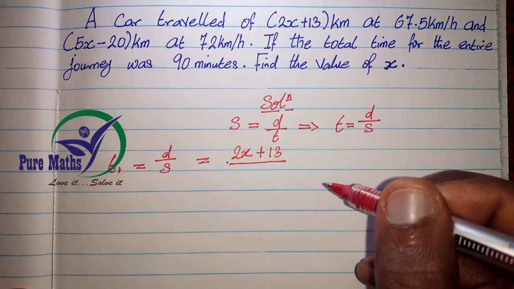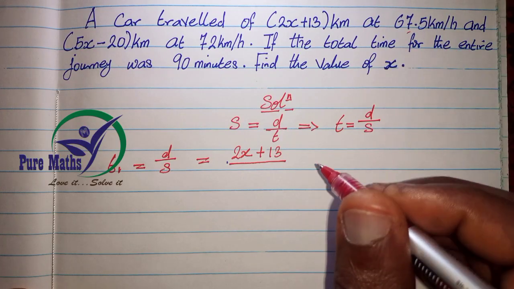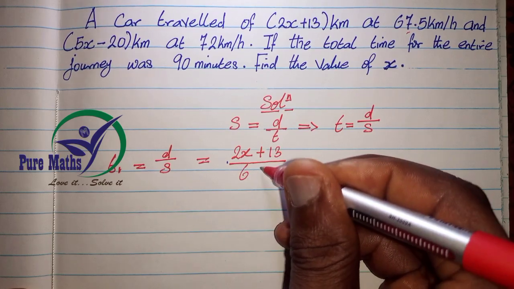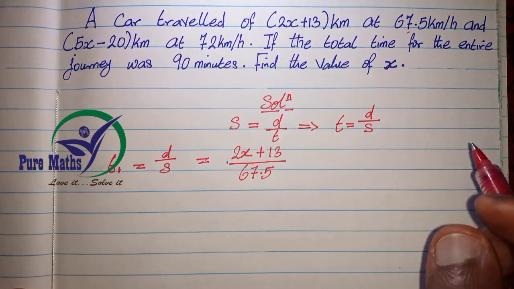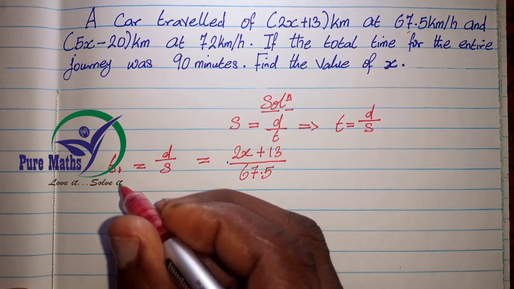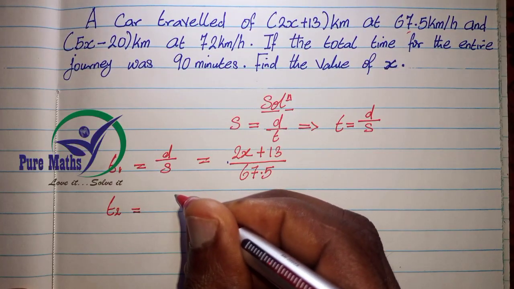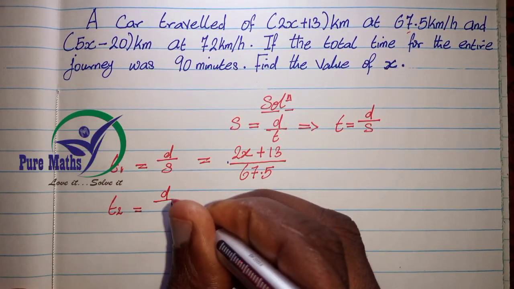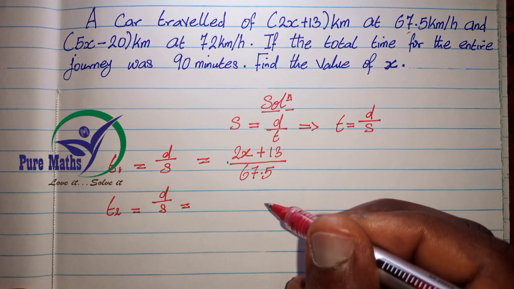So what is your speed? Your speed is 67.5 km per hour. So we just write 67.5, and that is for T1. Then T2, that is for journey 2. Journey 2, we have the same thing, D over S. And what is your distance for journey 2?